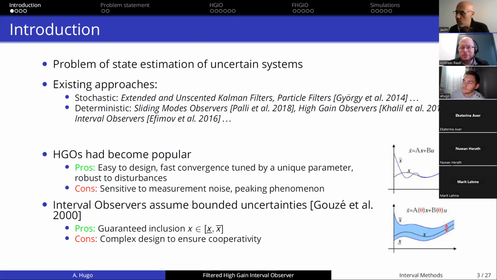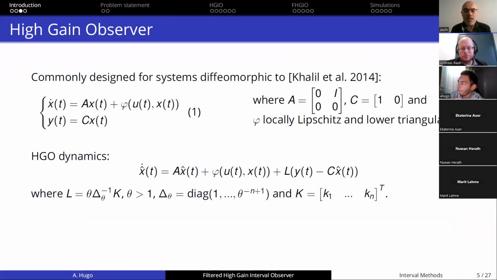I think, thank you. Maybe just at the beginning, in your slide number 3, or number 5, I would like to know why you ask A to be, yes, stop here. Yes, A equal to 0, identity and 0, 0. So why do you ask? It is just to cope with the canonical observability form. It was just an example to show that for high-gain observers, the design is usually made based on those types of systems.